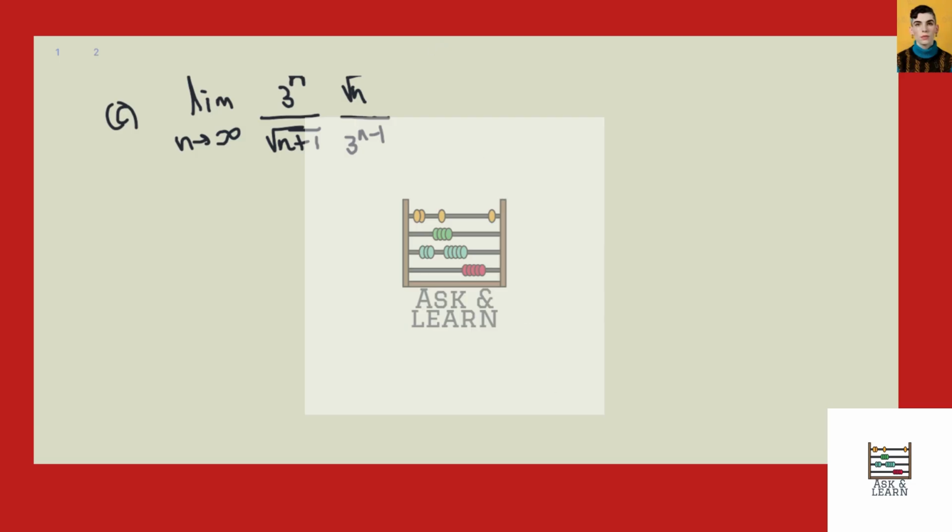So go ahead and cancel as many 3's as you can. You could cross off n minus 1. You'll still have one 3 up top. And then this limit over here will go to 1. So this limit becomes 3, which is bigger than 1. So series C diverges.